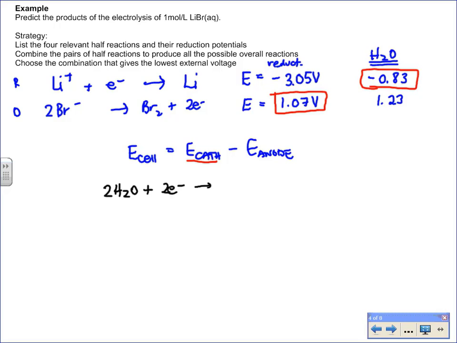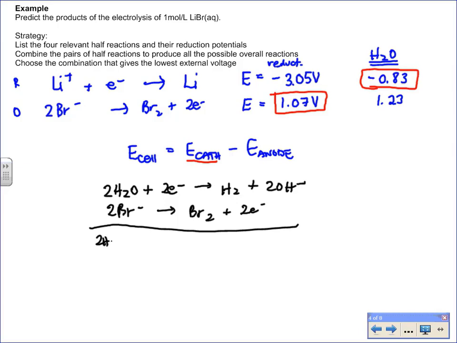So this is the reaction for the reduction of water, and the bromide is going to be oxidized, so this is the reaction for the bromide.